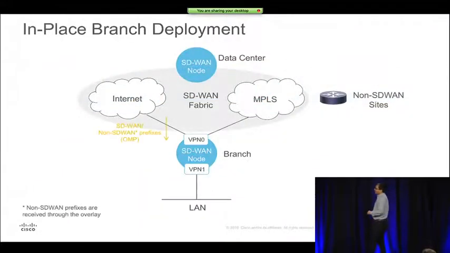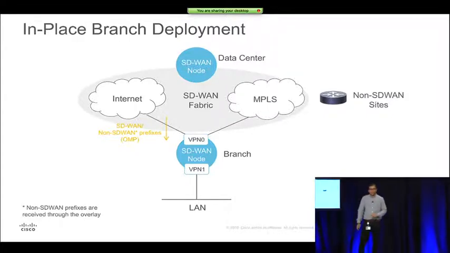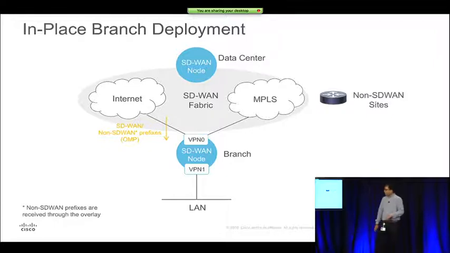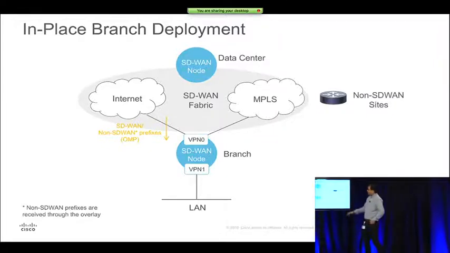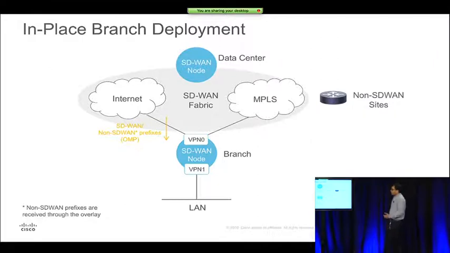Now, from a branch deployment perspective, here I've got the SD-WAN router that is already deployed in the data center. I've got two circuits coming in, the internet circuit and the MPLS circuit, and then I've got the non-SD-WAN side, which is the non-migrated side. From a branch perspective, I brought up a branch. I've got VPN 0 configured, and the service side VPN 1 configured.